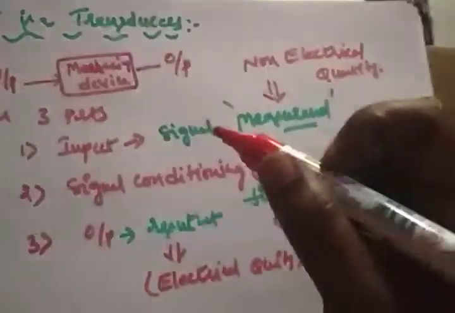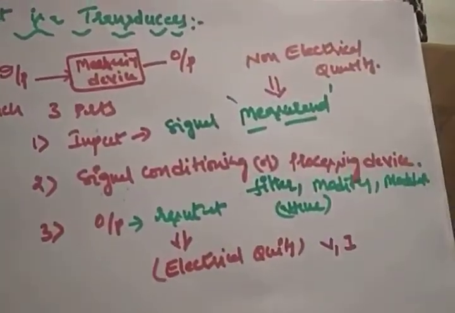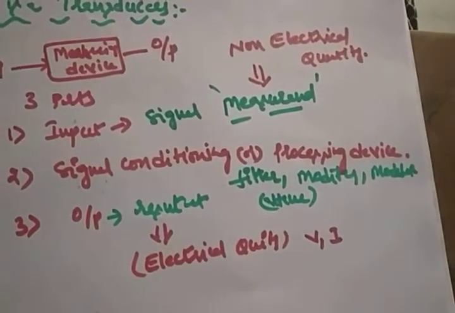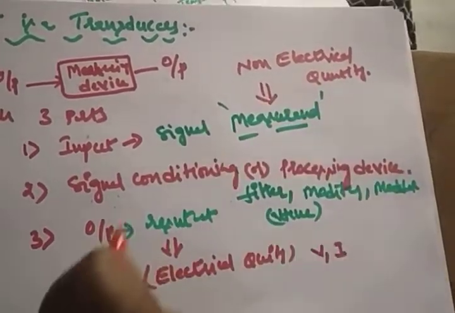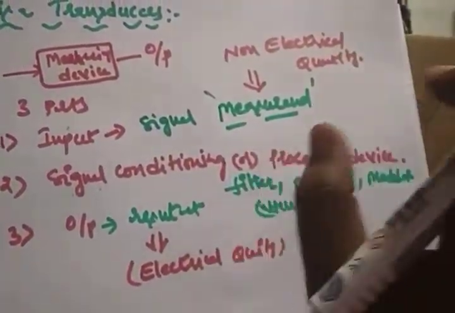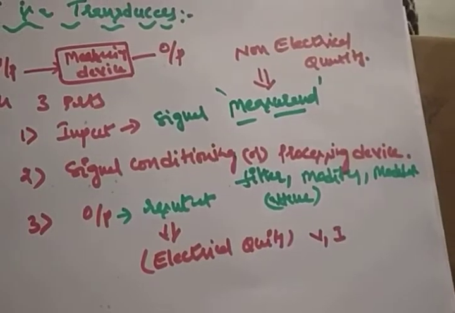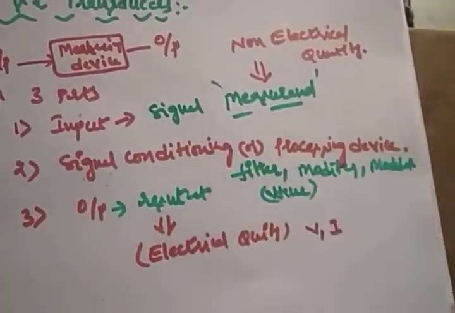The signal which is given to the instrument we call the input, that is the measurand. Signal conditioning or signal processing means that according to the type of instrument we are using, the signal is modified. It can be a filter, an attenuator, or a modulator, and all these performances are done in the signal processing unit. After that, you get the result at the output terminal. That is called the resultant.